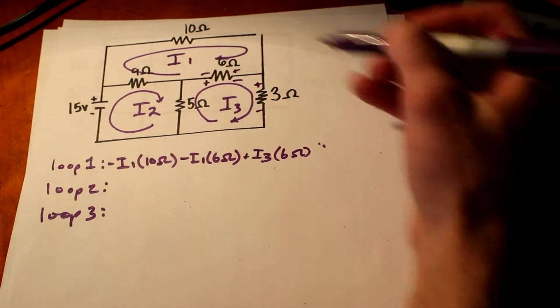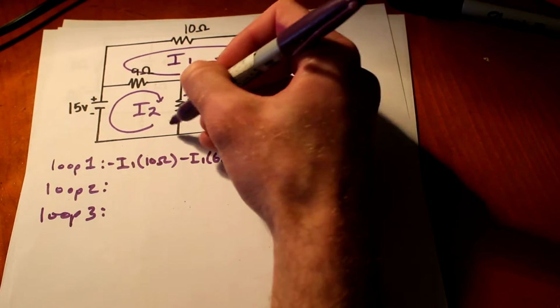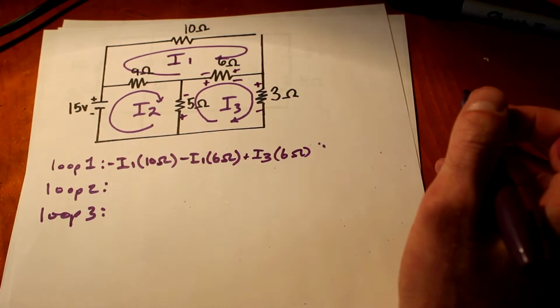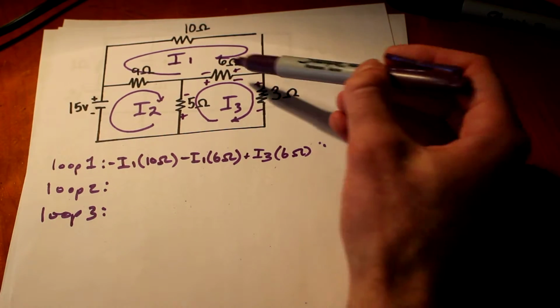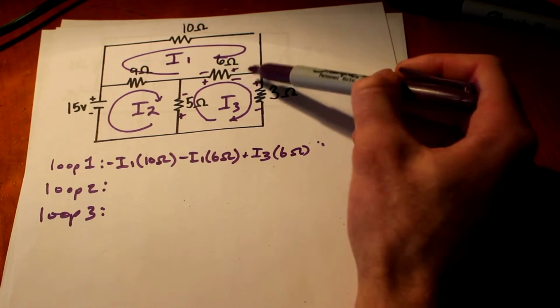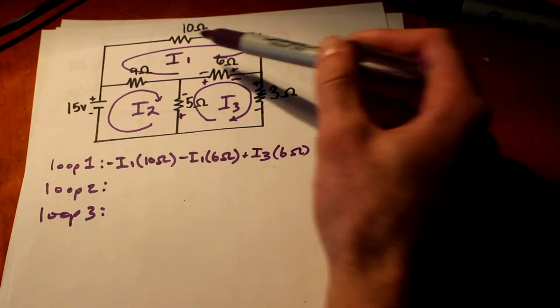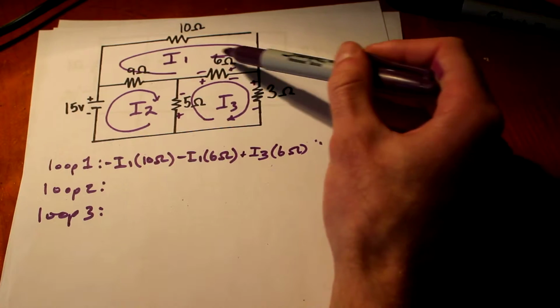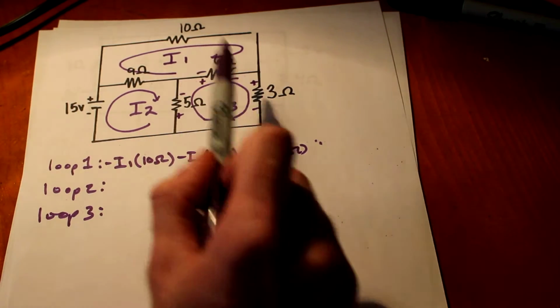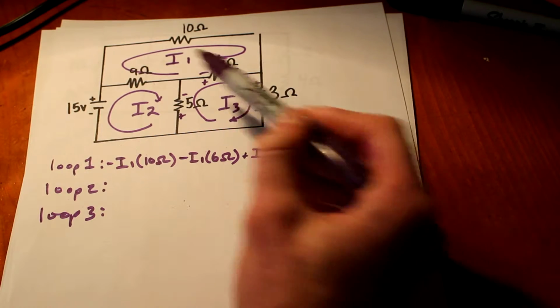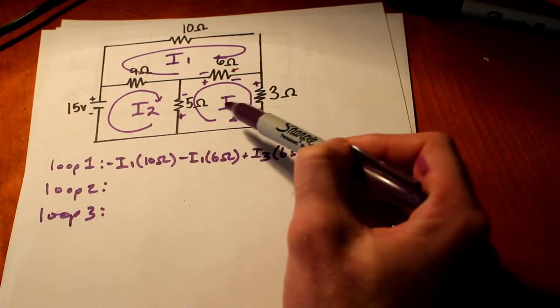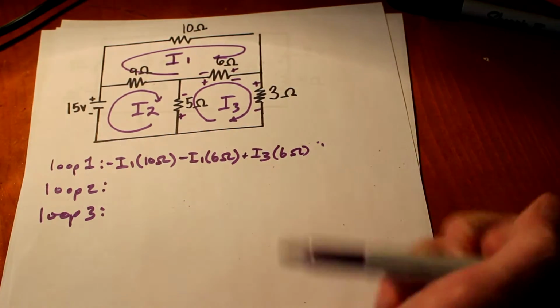And I apologize for not putting these before. I had a more thorough explanation of this in the last video. Because these two portions of the circuit are sharing this one resistor, we're going to have minus I1 times 6 ohms plus I3 times 6 ohms.